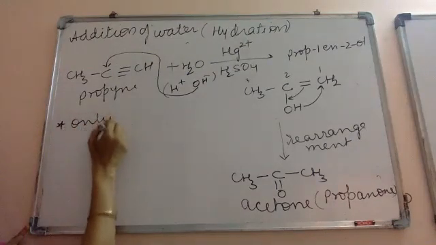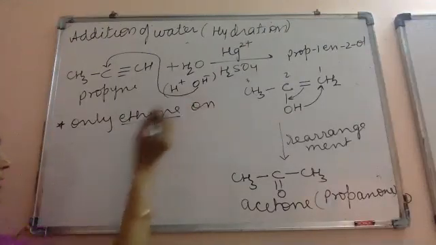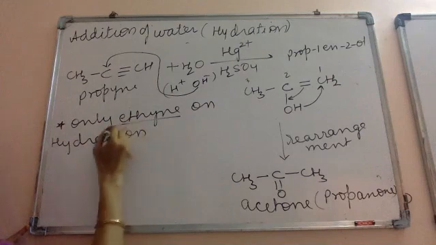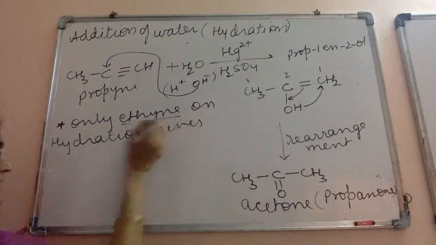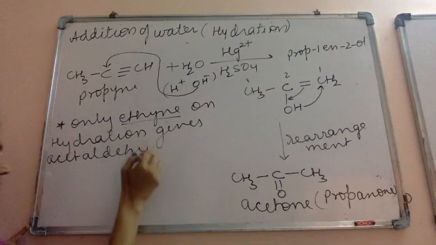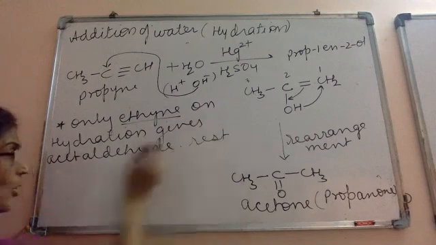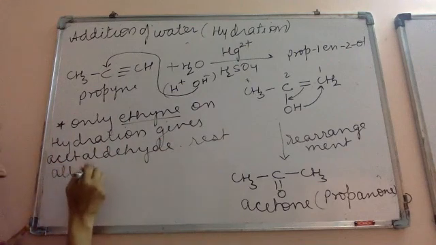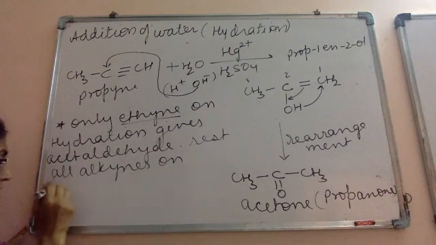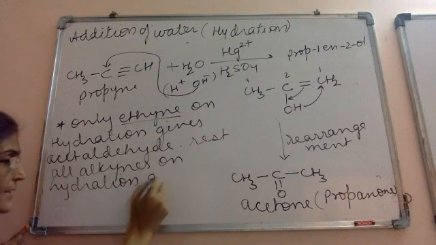Only ethyne on hydration gives acetaldehyde. All the rest of the alkynes on hydration give ketone.